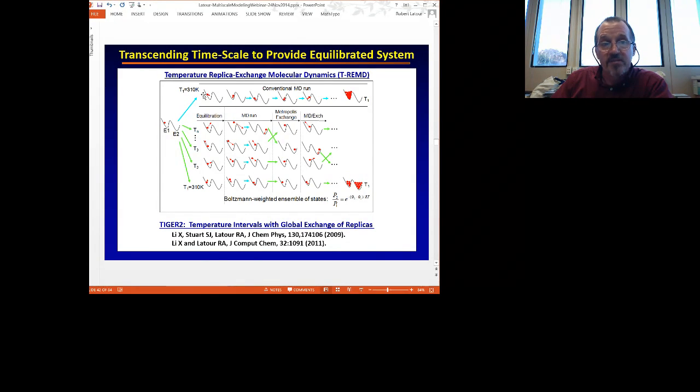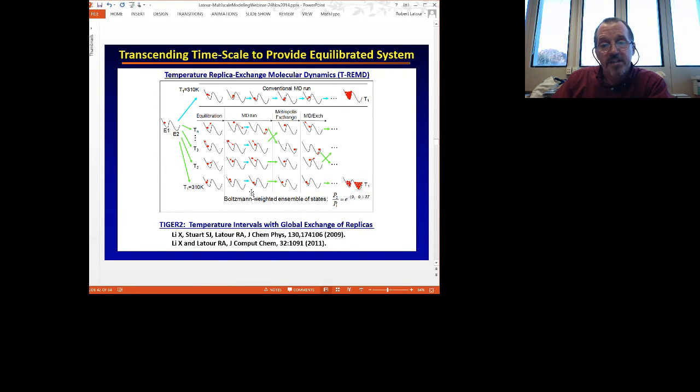We're just representing two different energy wells, the barrier in between them. And in conventional molecular dynamics, you're often starting in a non-low energy part of your system. It's often trapped there. We can run the whole simulation and end up with a resulting set of states that have nothing to do with the real equilibrated system. And that's because of what's called energy well trapping.